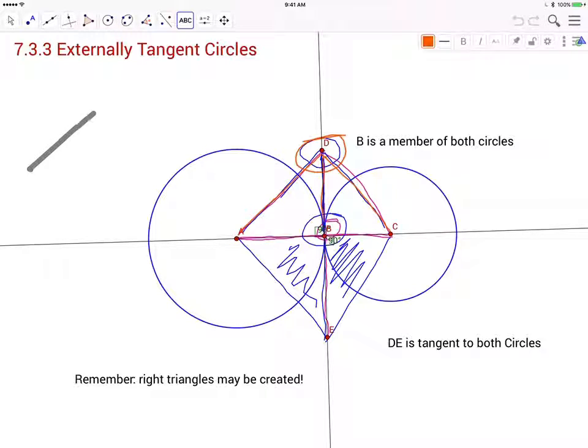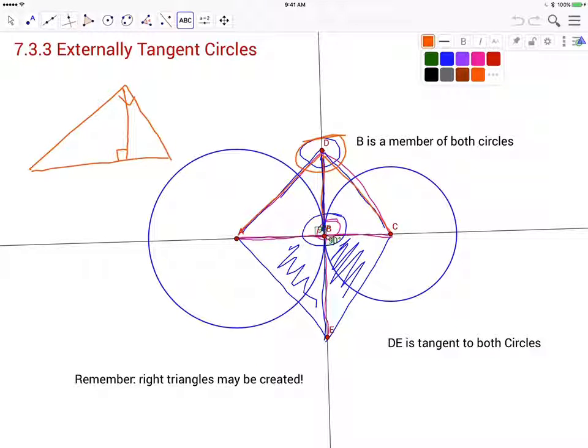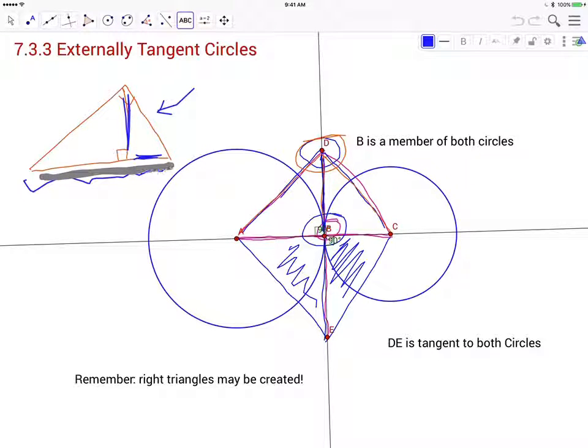And remember that when we have a right triangle with an altitude, you just have to remember all the things that we know about geometric means relative to these different sides. We know that this is the geometric mean of these two pieces. We know that this is the geometric mean of this piece and the whole.